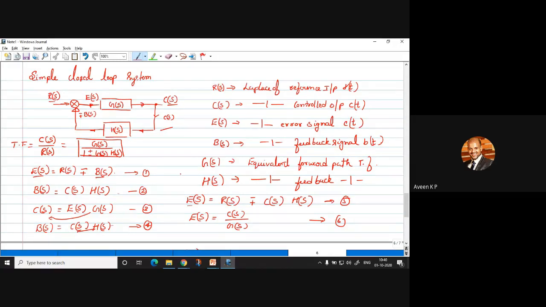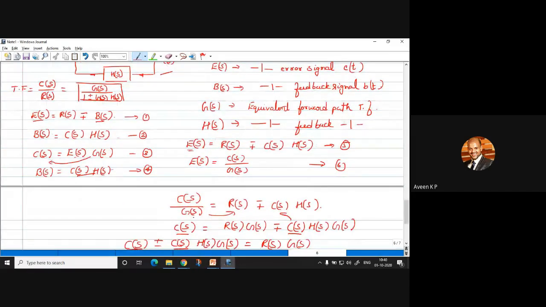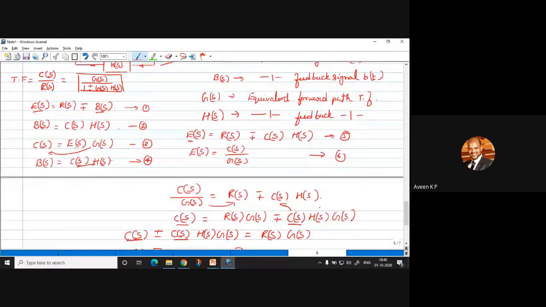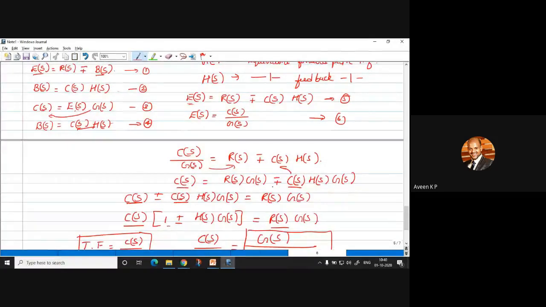Okay. Once it is done, I will represent E of S, this error, with the help of equation 3, as C of S by G of S. So substitute E of S as C of S by G of S and the remaining R of S minus or plus C of S, H of S. So cross multiply this G of S to the RHS and shift this complete term to the RHS.